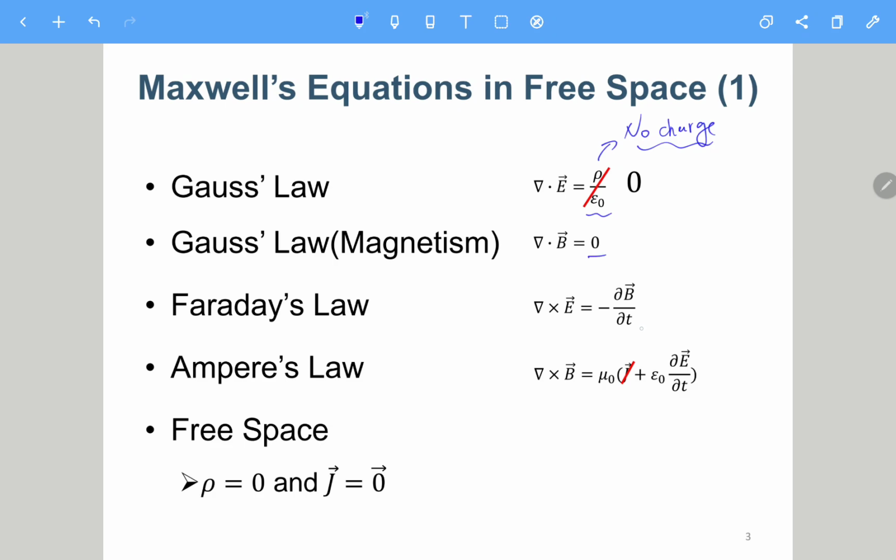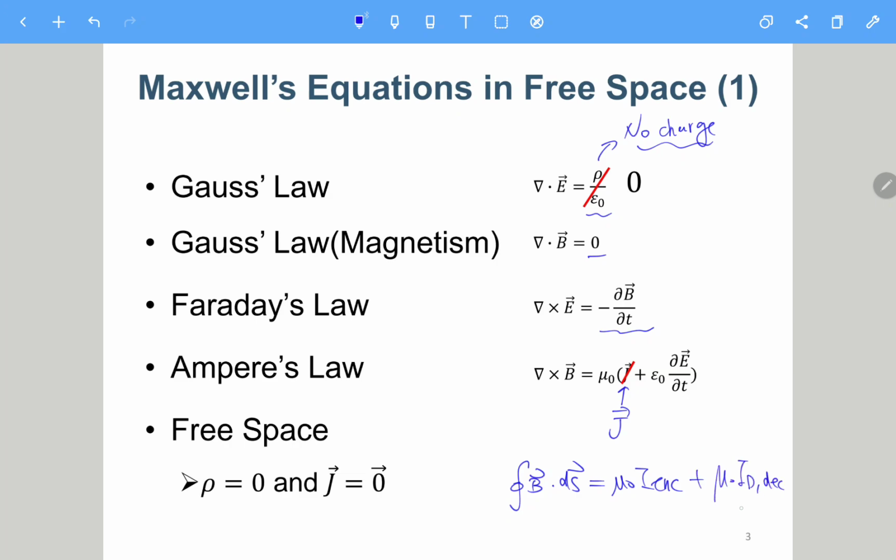For Faraday's law, we don't have any sources, so we still need to keep this term for Faraday's law. But for Ampere's law, originally in the integration form, the integral of B dot ds is mu naught I enclosed, and then there is the displacement current.